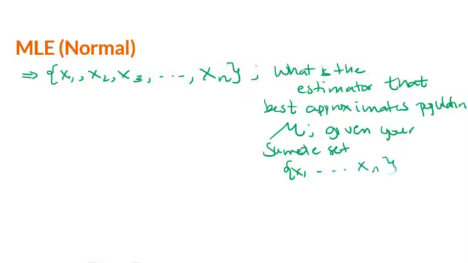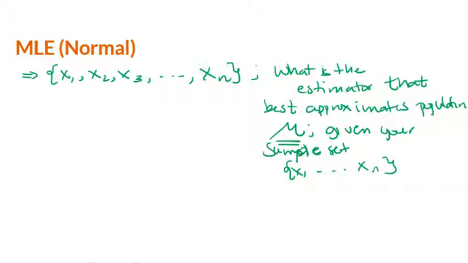So the question is, what is the estimator that best approximates your population mean mu, given your sample set x1 to xn? So that is what we will derive.